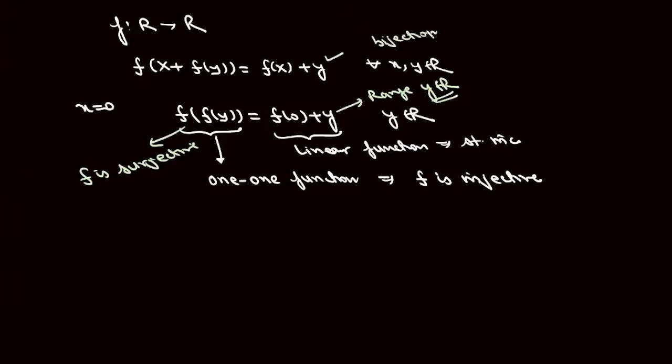And now we can use these conditions to find this function f(x). So let f(a) equal f(b). Now in this given equation, if we put y as a, we can write f(x + f(a)) equals f(x) + a.